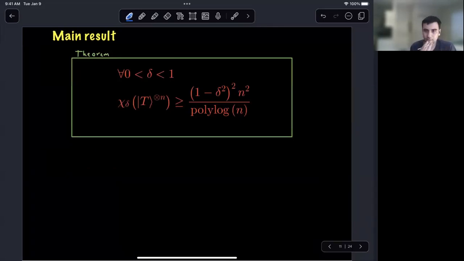And this is the result that we could prove. We could prove that for any approximation parameter delta, the approximate rank of this t to the n is lower bounded by a quadratic term, n squared. You have a polylogarithmic term, and you have also this coefficient depending on delta.